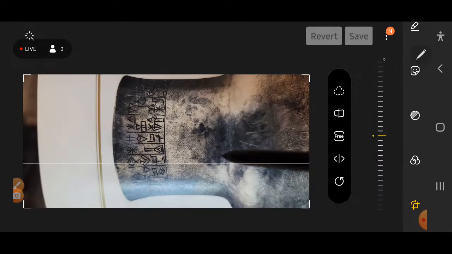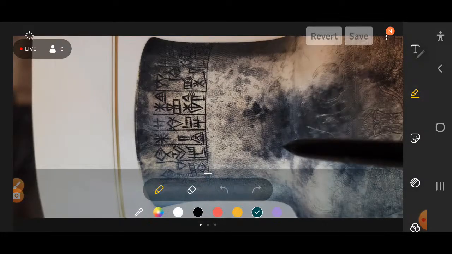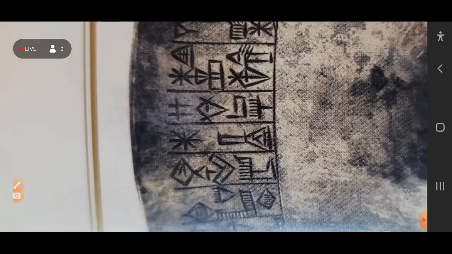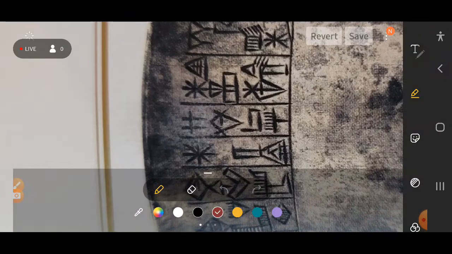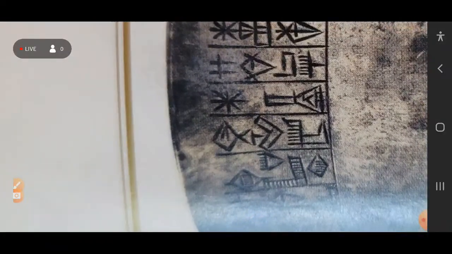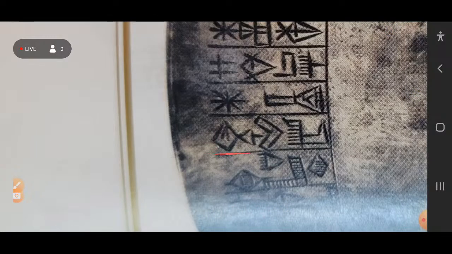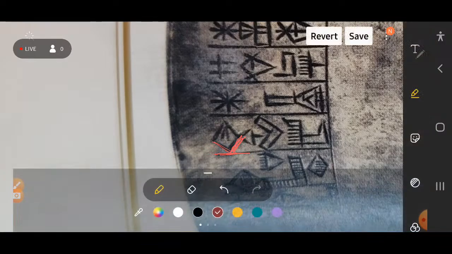So we're going to show you a quick one here. Let's try red first. First of all, we're going to do them different colors. Get the letter K. I'll do the next one yellow.